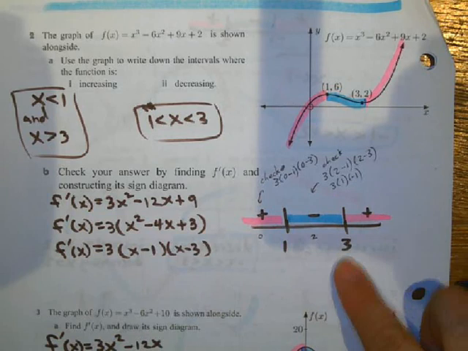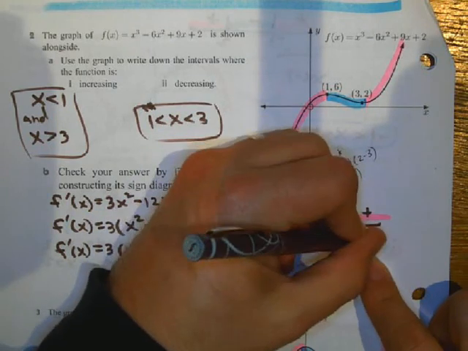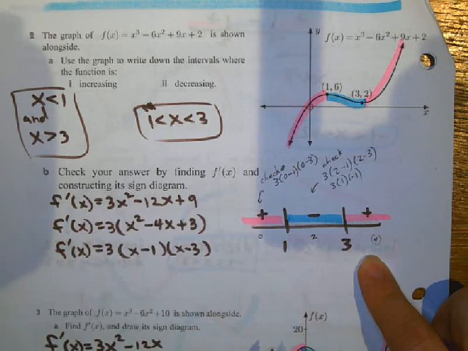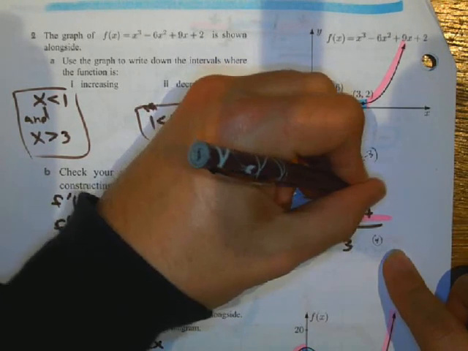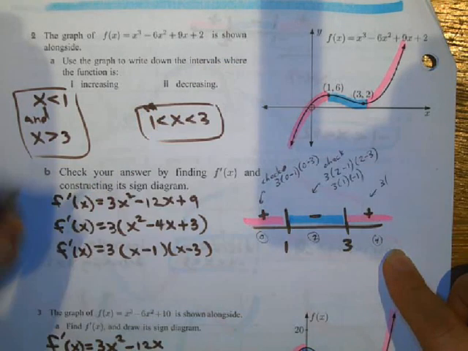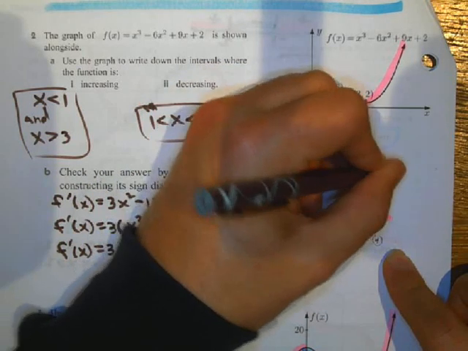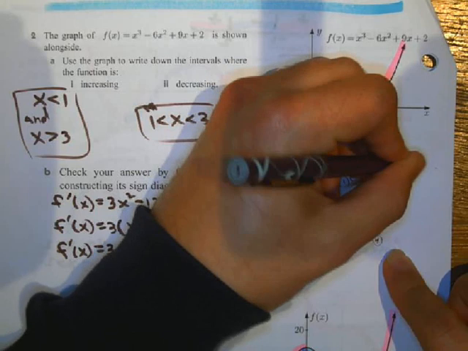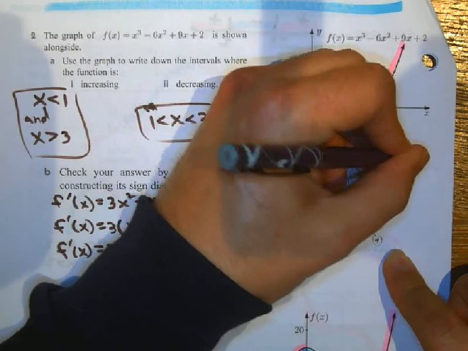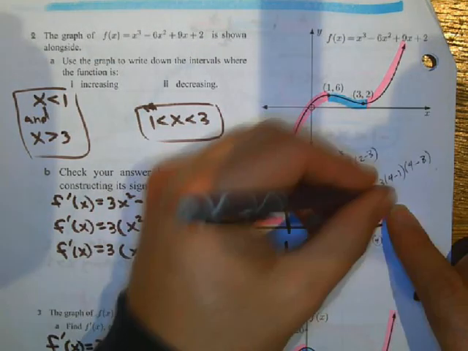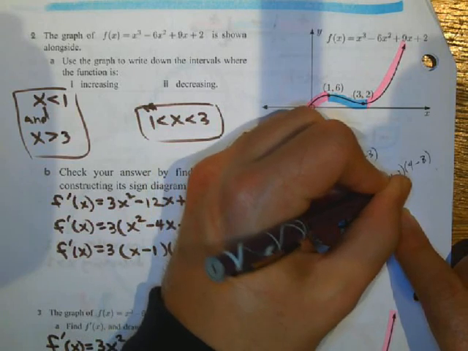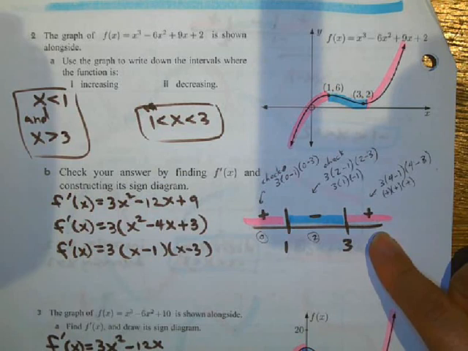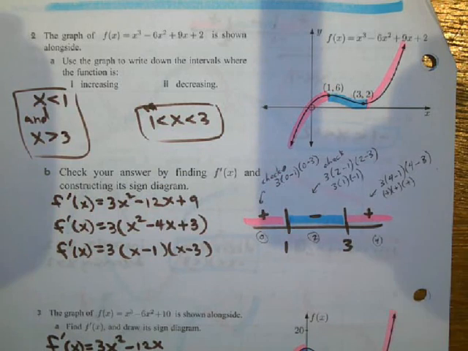Lastly, something bigger than 3. So let's try 4. Then I would have 3 times 4 minus 1 times 4 minus 3. So this is a positive times a positive times a positive, which is going to give me a positive. So this is one way you can check to see, does your sign diagram make sense?